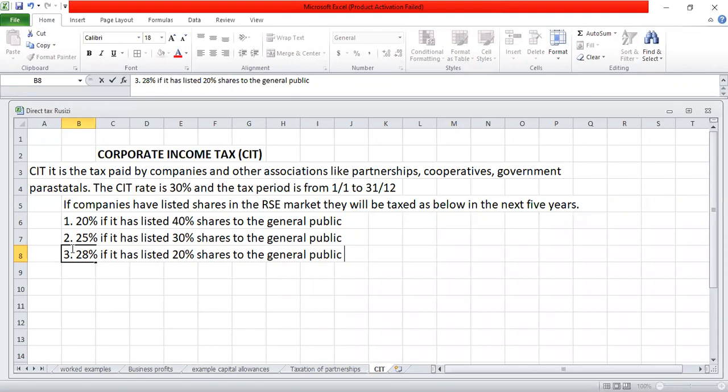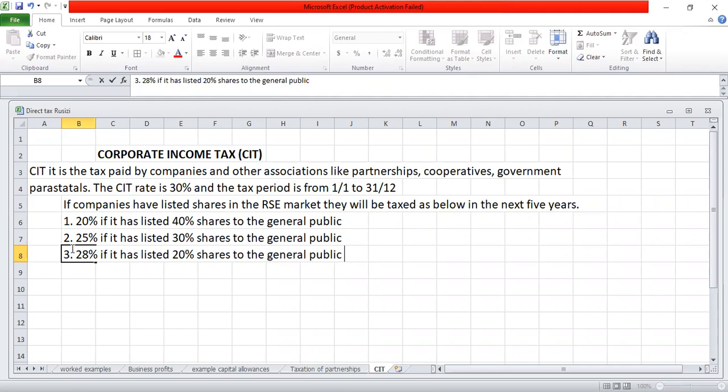If it is listed in 2022, you expect it goes up to 2026 or 2027, and then it stops, then it goes back to 30%. So if it has listed 40%, the CIT will be 20%. If it has listed 30%, the CIT is going to be 25%. If it has listed 20%, the CIT is going to be 28%.